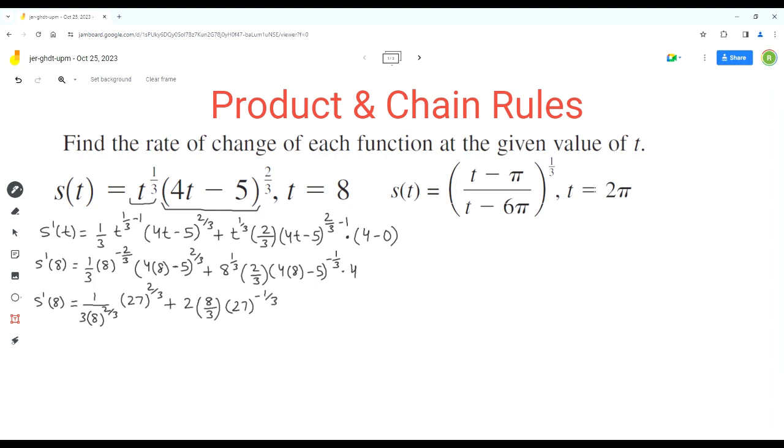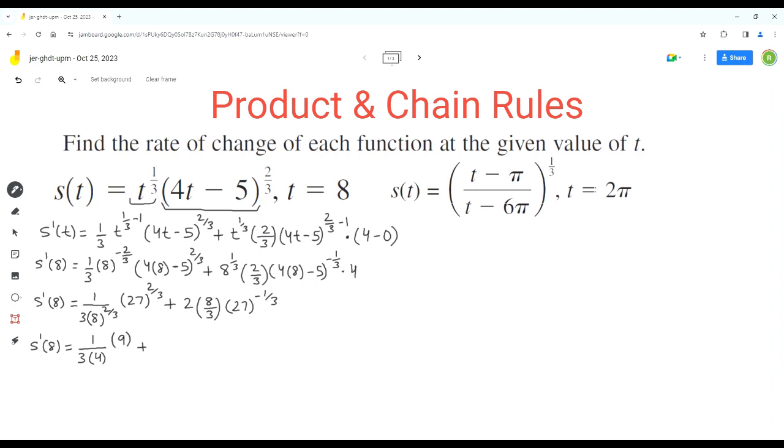Now in the next step we can simplify it further. So s prime of 8 equals 1 over 3. Now 8 exponent 2 over 3 can be simplified to 2 squared, which is equal to 4, times 27 exponent 2 over 3 can be reduced to 3 squared, which is equal to 9.